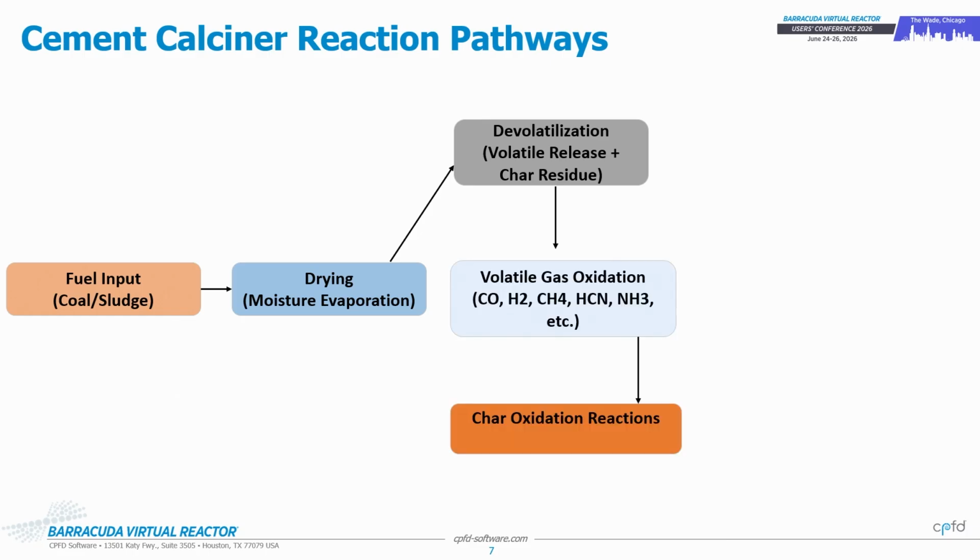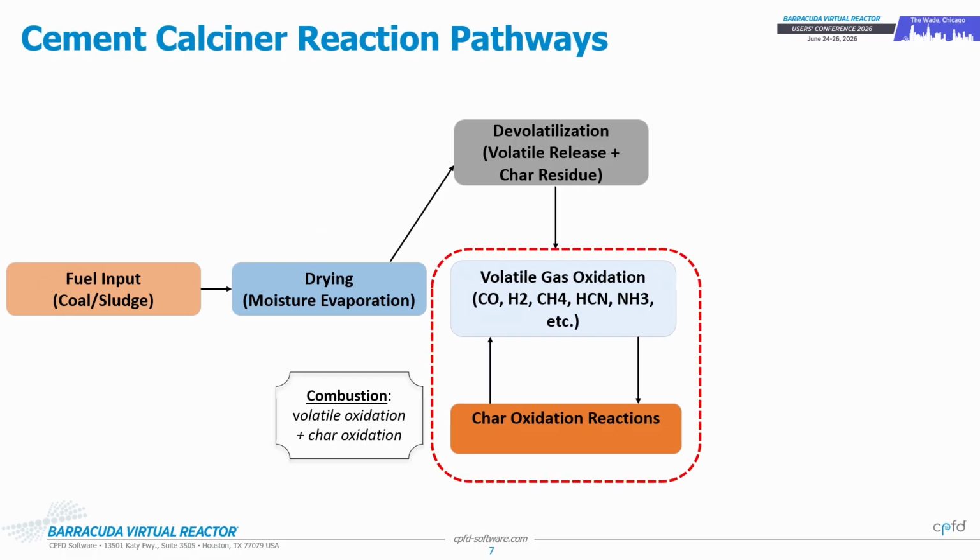And then we have the combustion mechanisms, where the volatile gases released as part of the devolatilization undergo oxidation, and then the char, which is mainly carbon, also undergoes oxidation. These two reactions essentially constitute the combustion, and they provide the necessary energy for this highly endothermic reaction, the calcination, where the calcium carbonate from the raw material is decomposed into calcium oxide and CO2.